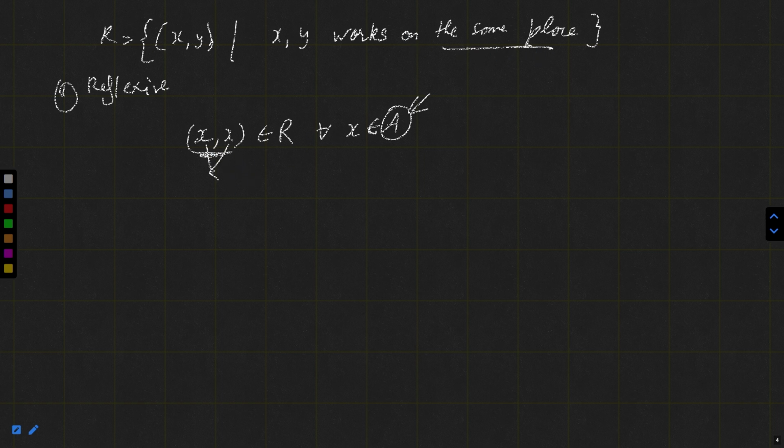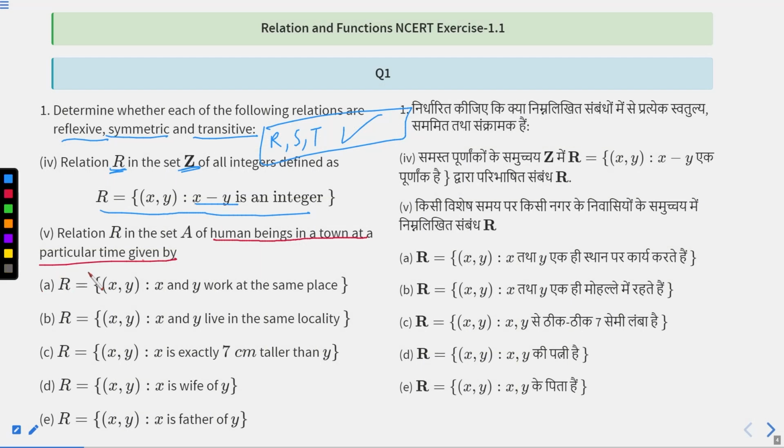Yes, the same person works at the same place. So (X, X) belongs to R, and this is my reflexive relation.